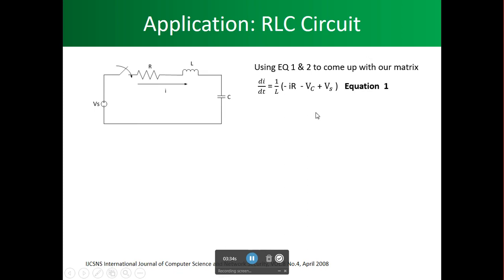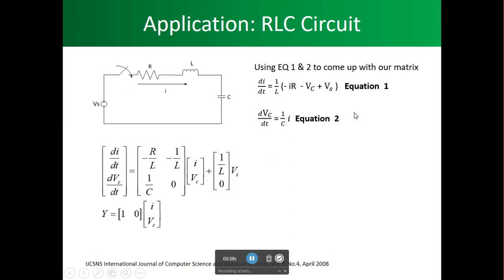Okay, this is equation 1, which we've discussed already. This is equation 2. And so now we combine the two together. We have di/dt and dv/dt equals, and our vector here is I and VC.